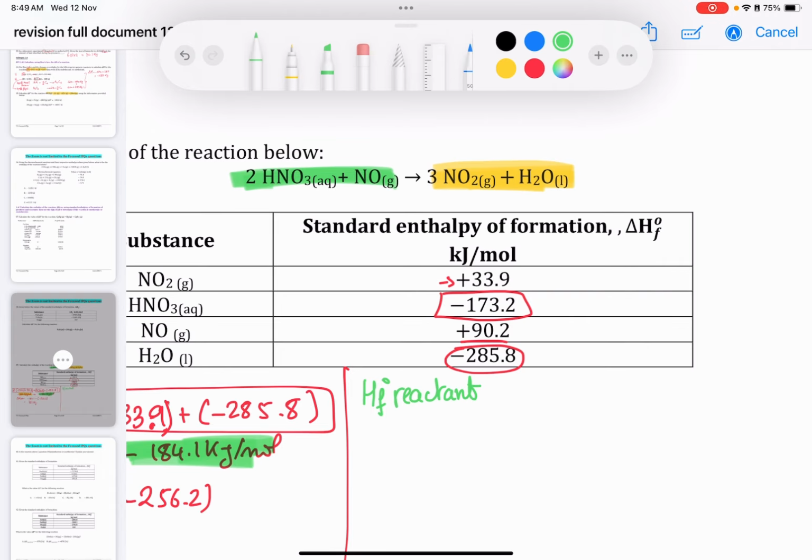So let me start with the enthalpy of reactants. I have 2HNO3. So for this one, I'm going to multiply it by 2. And I have NO. It is just over here. So negative 173.2 times 2 plus 90.2. Now I'm going to do the one for products.